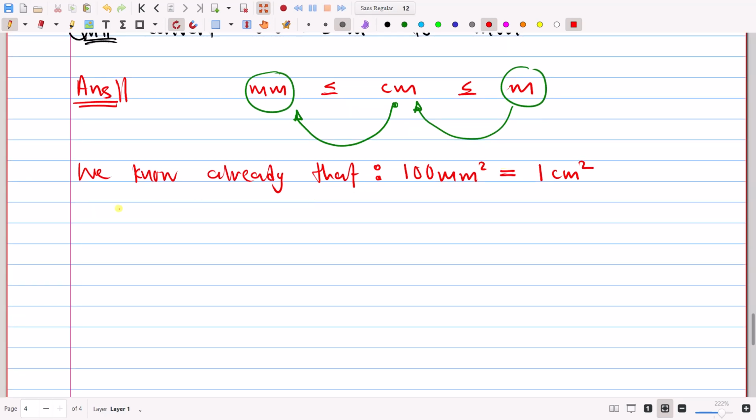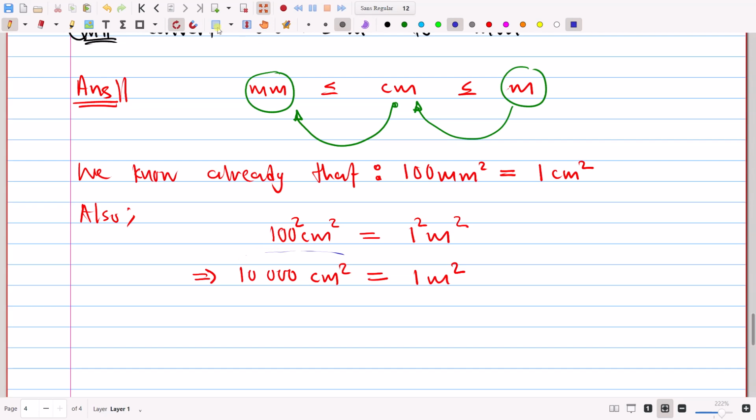What we do not know now is the conversion factor between the centimeter squared and the meter squared. What do we know between the centimeter and the meter? We know that 100 centimeters is equal to 1 meter. So I square both sides. What is 100 squared? If you take 100 and square it, you get 10,000 centimeters squared equals 1 meter squared, because the square of 1 is just 1.